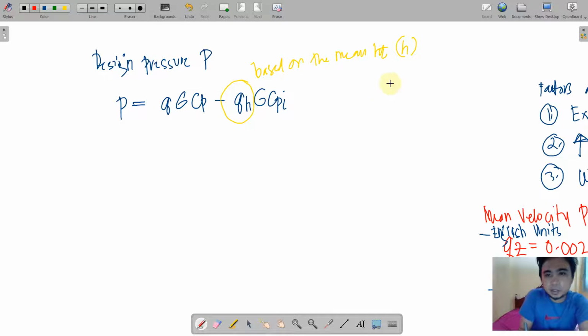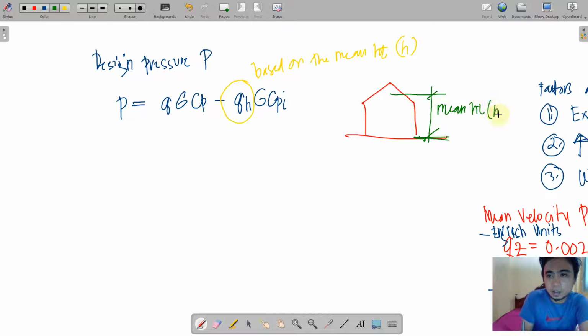Yung mean height H, if we have here a structure, okay, yung mean height H, mula dito sa ground, from the ground up to the half of this king post, ito yung tinatawag na mean height denoted by H. Okay? So, yung mean height H, it covers also the diagonal member, also the slope member here.